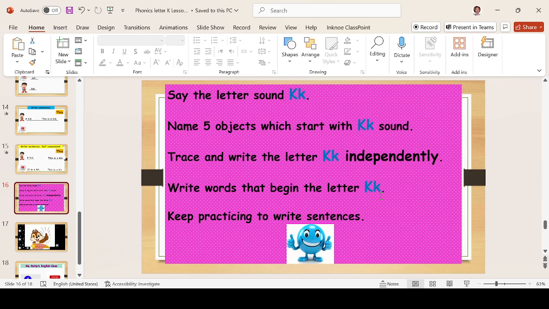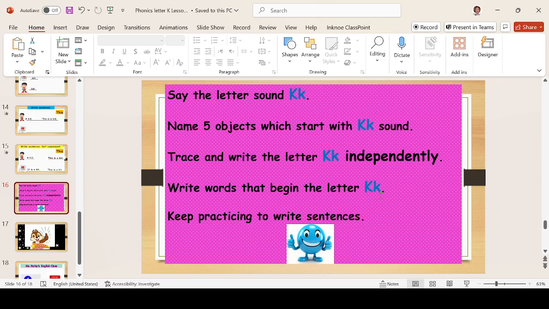And try to draw, okay? And you can make a craft of anything which starts with the letter K, K sound, just for fun, okay? And to develop your creativity. I want you to keep practicing to write sentences. Now we can write the shortest sentence, a kid.